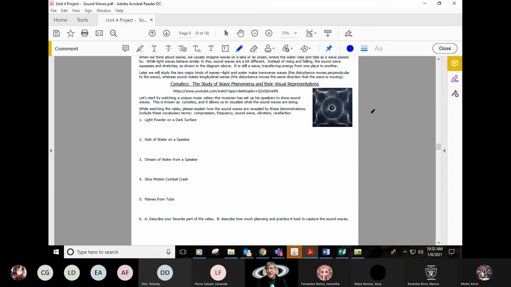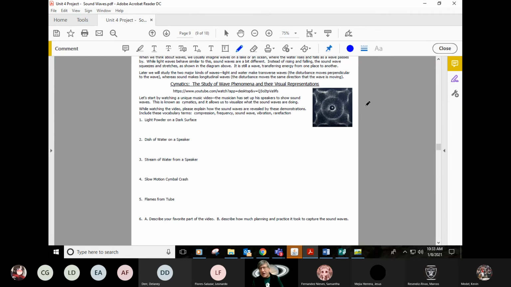And what he's done, and we're going to talk about this more in a second, is he's taken, for example, his speakers and he's laid them down flat so the speaker is projecting sound up towards the ceiling. And then he puts a piece of paper on the speaker, and then he sprinkles some kind of white powder on the paper.